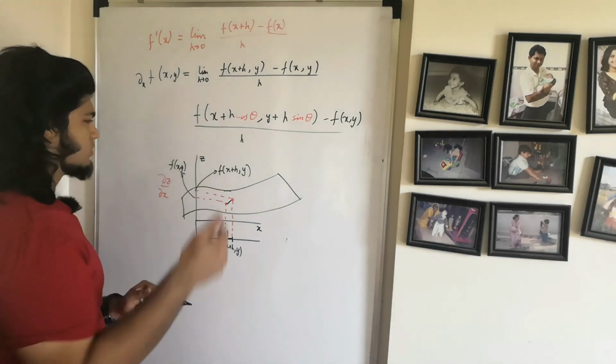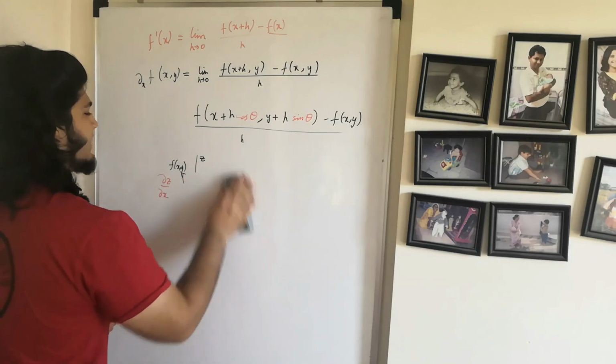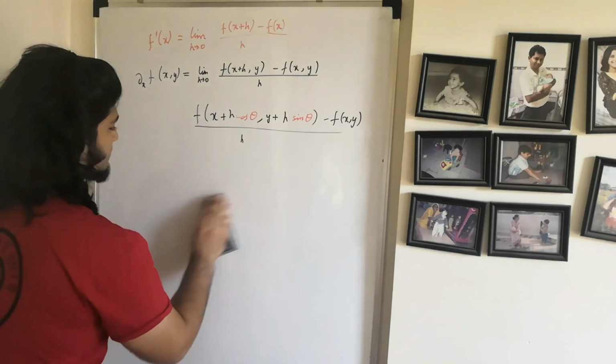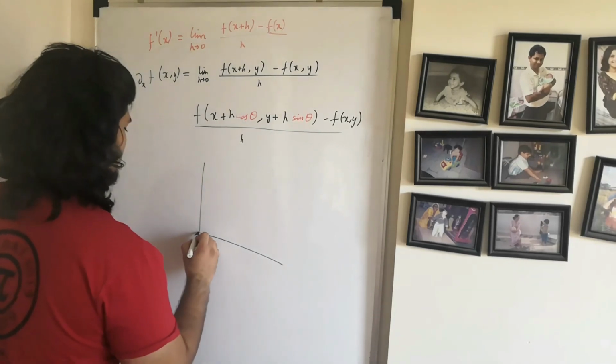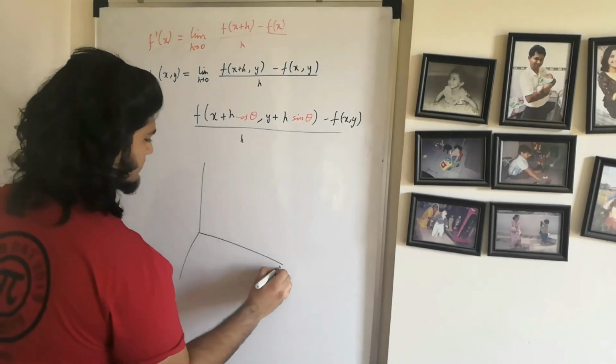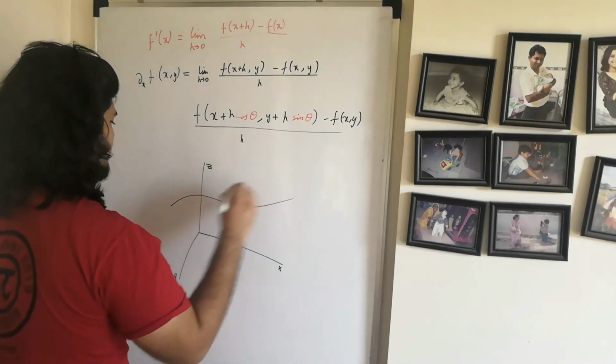So you can do this, but what if we were a bit creative or naughty, whatever you want to call it, and we did something like this. So once again, this is a 3D space xyz, and this is our graph.